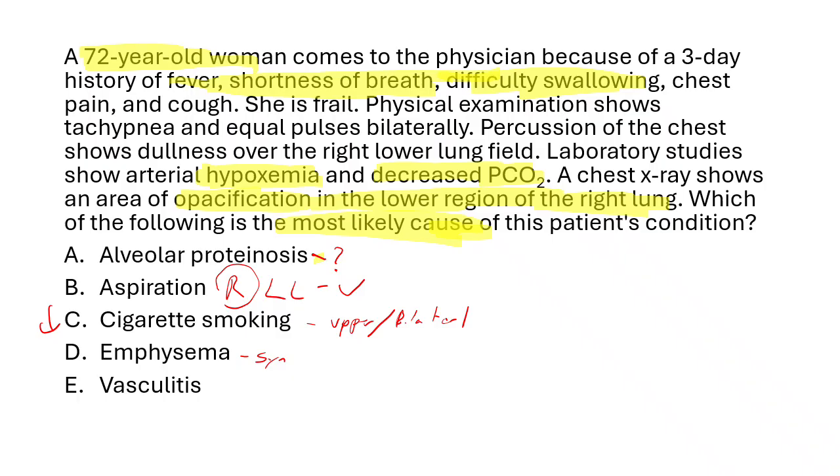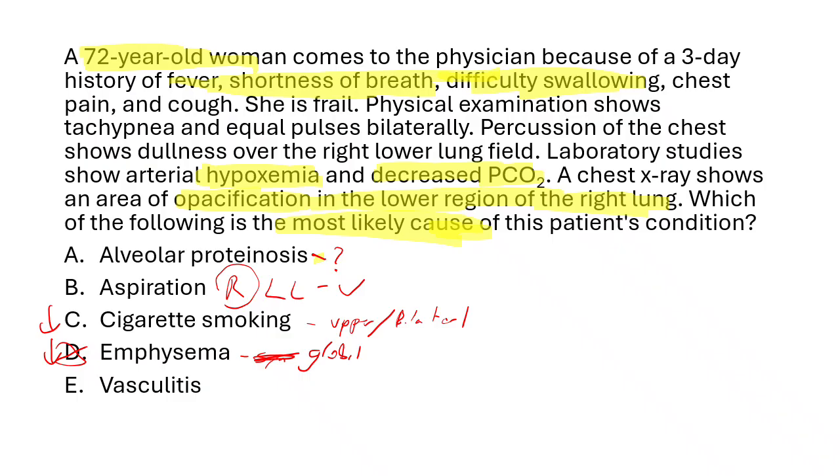Maybe not systemic, but it's going to involve more than just one spot of the lung. So I'd say more like a global change. Emphysema is probably going to be bilateral, and it also doesn't have just fluid building up. It's going to be destruction of stuff, with more air trapped in there. So I don't like emphysema as an answer, and I'll probably just get rid of that altogether.